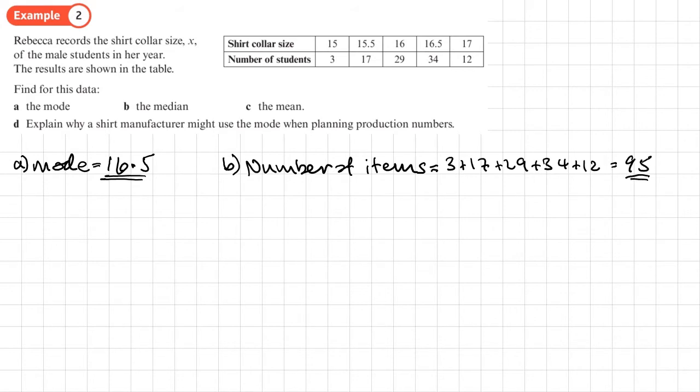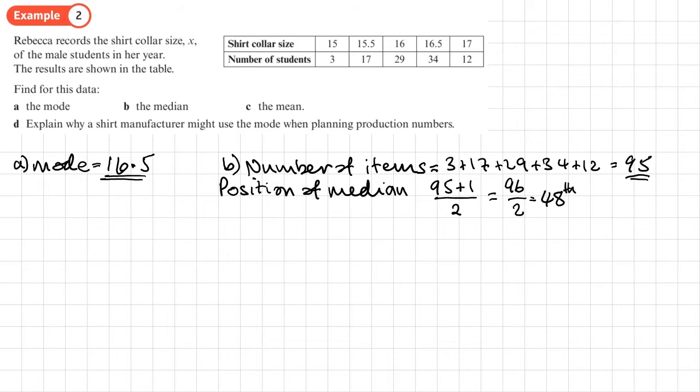So 95 data items. To find the position of the median, we need to take the number of data items, add 1 to that value, divide by 2. So that's 96 divided by 2, so 48. So the 48th value is the position of the middle value.